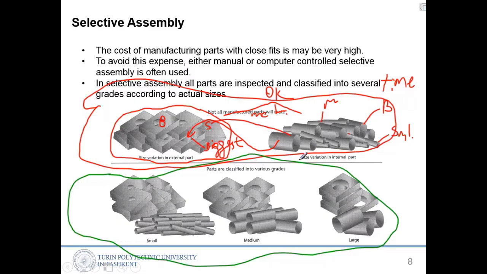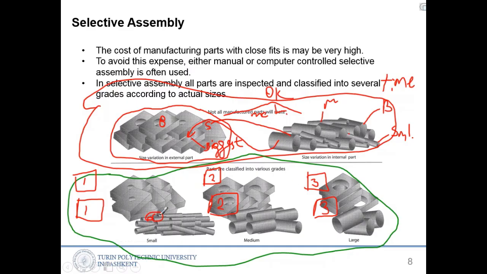So what we do is make a classification. We make 3 boxes, and we put holes in box 1, the smallest ones. In box 2, we put the middle ones. In box 3, we put the biggest ones. Near the first box, we put the shafts with smaller diameter, near the second box another box for the middle shafts, and near the third a box for the largest shafts.